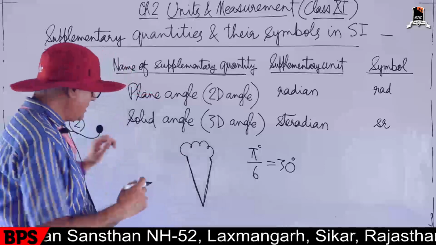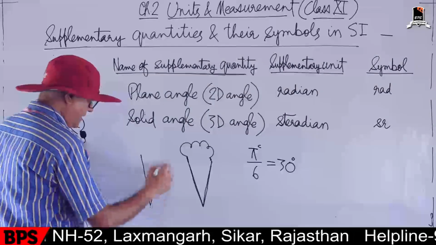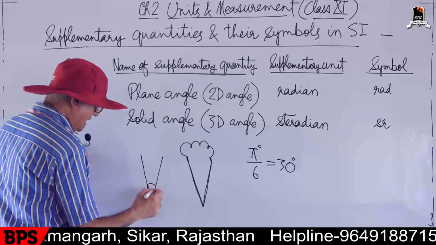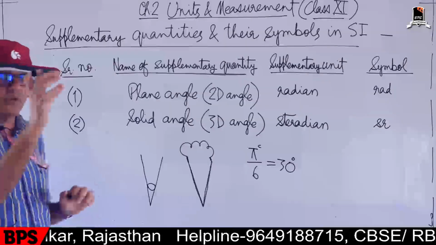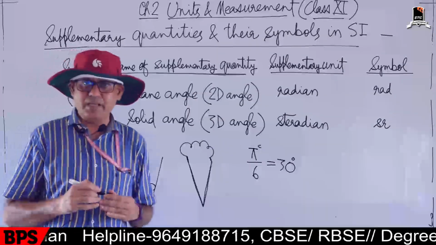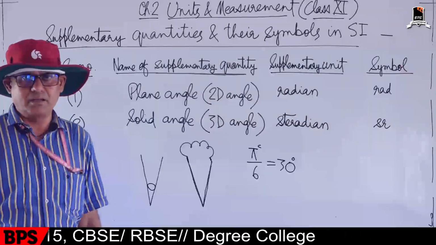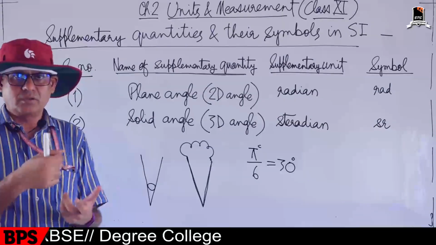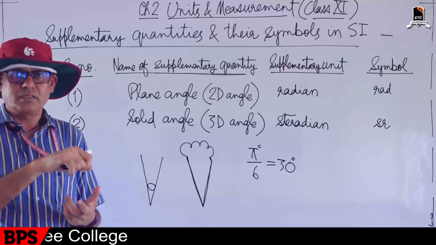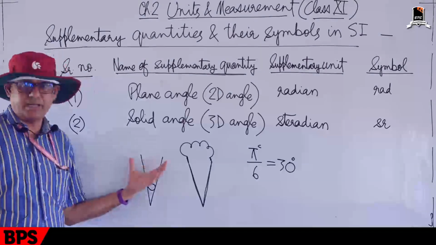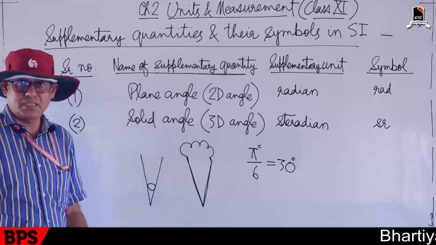If you look at the cone only, then there is an angle. If you look at the softy cone only, a blank softy cone is available in which through the scoop the vendor fills up some ice cream.